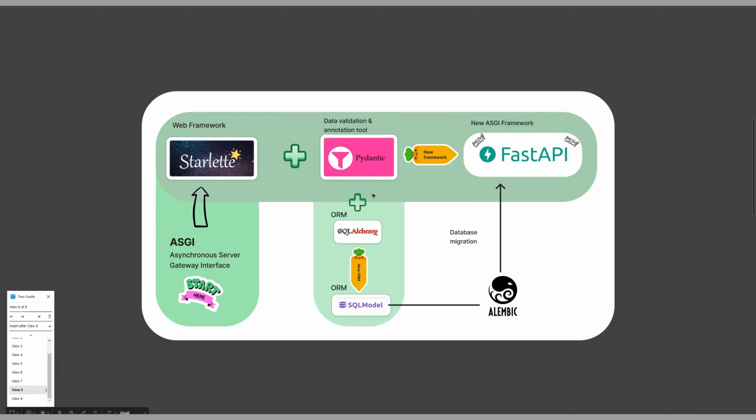So FastAPI uses Pydantic and Starlette, but also the SQLModel that I'm going to be covering today uses Pydantic by itself, and it uses SQLAlchemy. It's something in between SQLAlchemy and Pydantic. It combines them together to work better with FastAPI. That's why it makes sense, because FastAPI is already dependent on Pydantic.